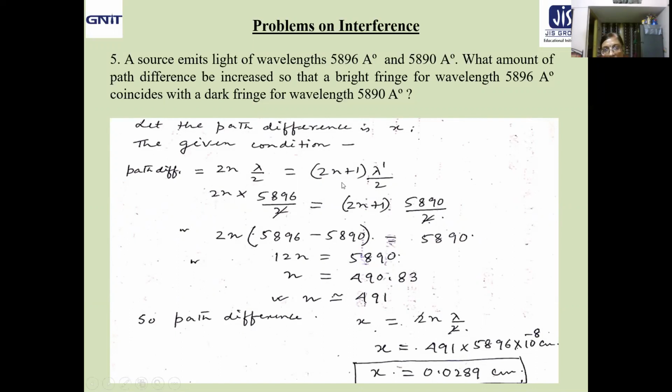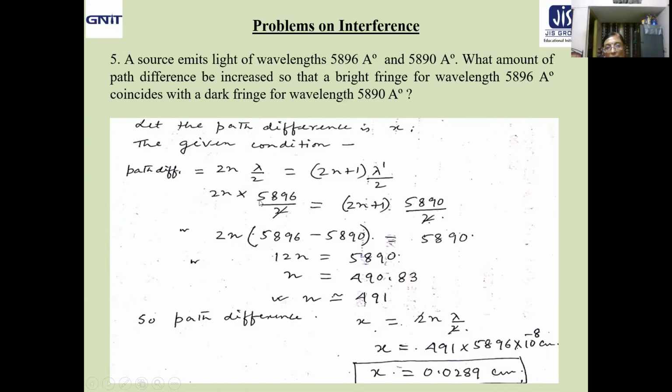But in this particular question, it is said that the dark of the smaller wavelength must coincide with the bright of the larger wavelength. Compared to 5896, 5890 is smaller. That means with this 5890, you have to associate the bigger factor. Otherwise, it can never be an equation.